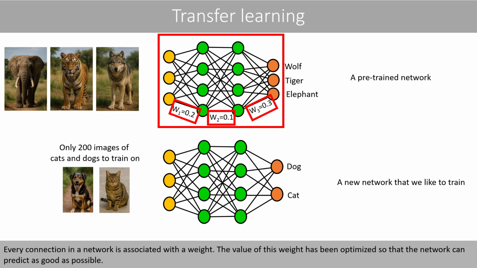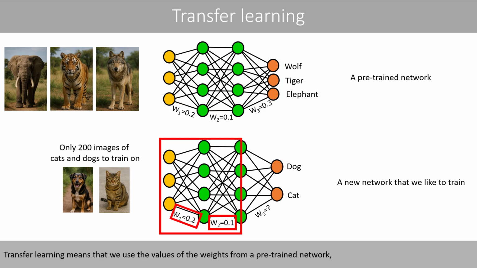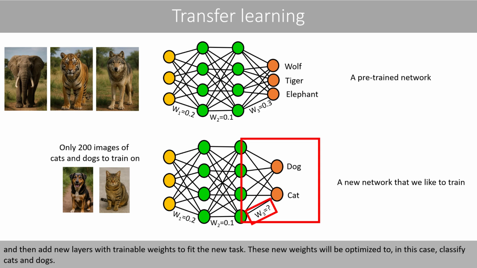The value of this weight has been optimized so that the network can predict as good as possible. Transfer learning means that we use the values of the weights from the pre-trained network, and then add new layers with trainable weights to fit the new task. These new weights will be optimized to, in this case, classify cats and dogs.